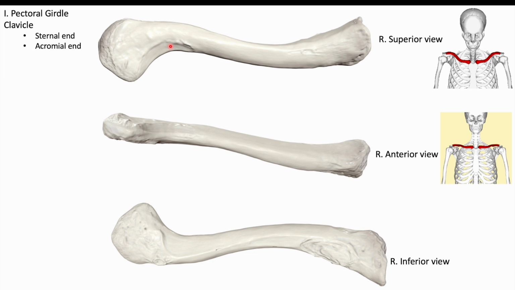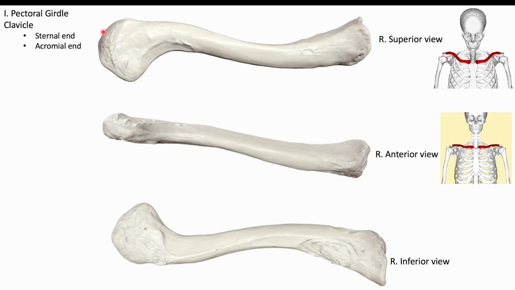Once you differentiate that, then you can flip it to the superior view, and the end where it is more flat, or as flat as it could be, that is going to be the sternal end, and that's going to attach to the sternum via the clavicular notch. And then the more rounded part is going to be the acromial end, and that is going to be attached to the acromion process of the scapula.